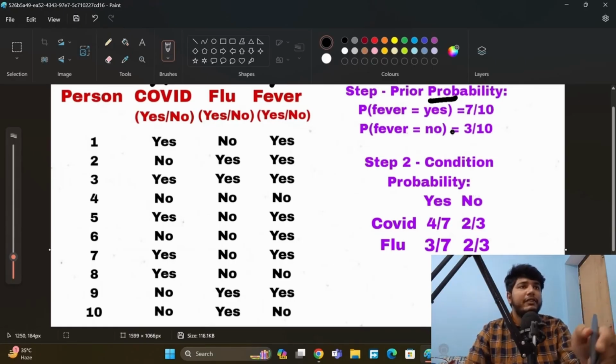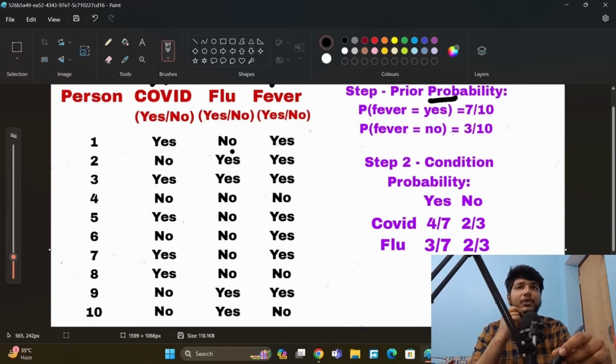Okay, so here we will do same thing for no, that is COVID no and flu no. So we will check how much that is, 1 2 where is 2 here, and total we will get that 2 by 3. Okay, total no is here, fever no is 3. Okay, and for flu we will check that same, no flu and no fever.